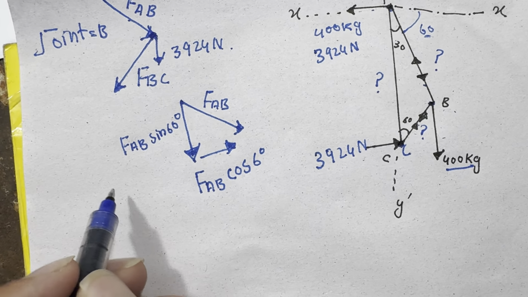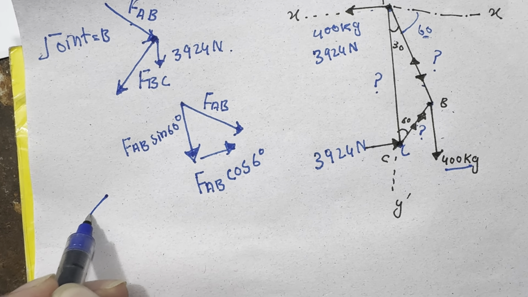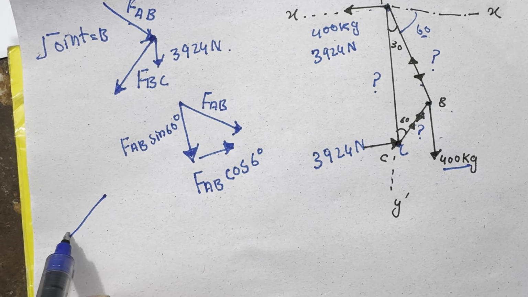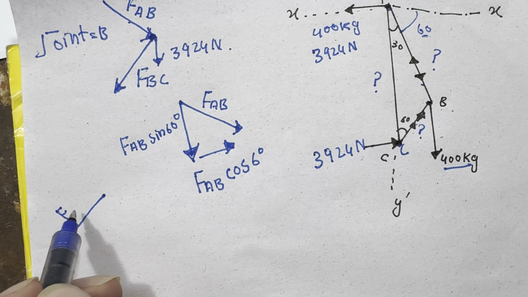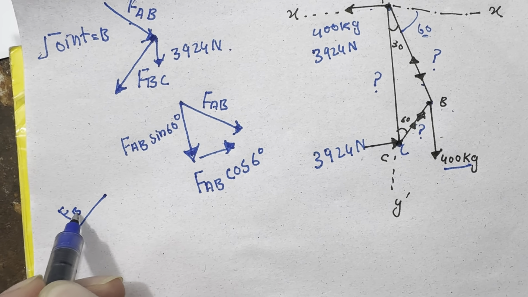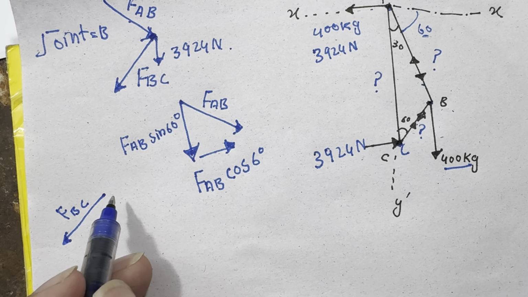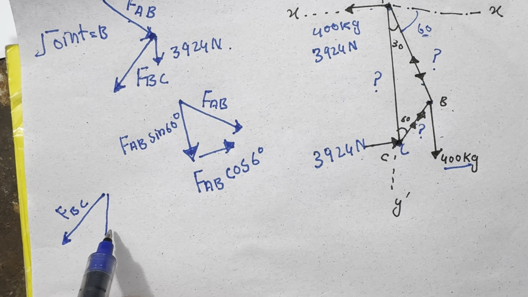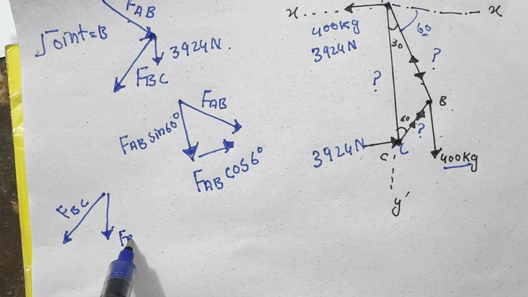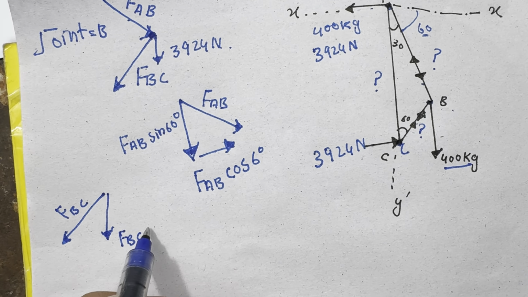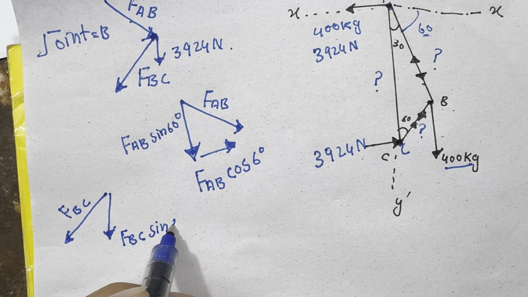and also I will resolve the other force, which is this. This is my resultant force, FBC, and this is its vertical component, which is equal to FBC sine 30 degrees.